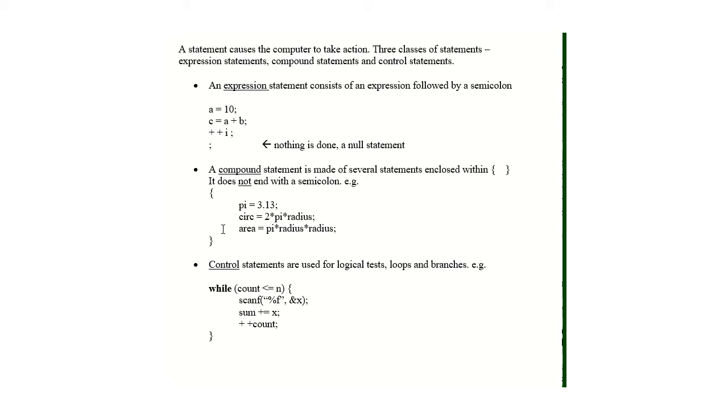So here we have a compound statement made up of three expression statements. And here we have a control statement where we have a looping operation: while this is true, perform all this. We'll come back to this in detail in later chapters.